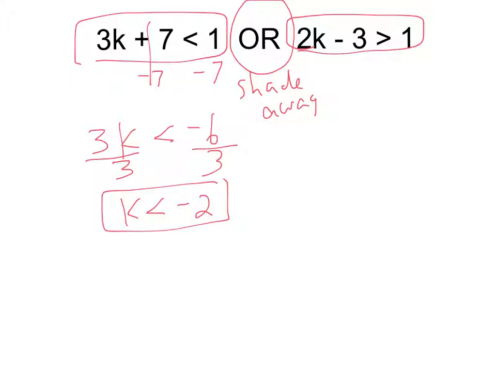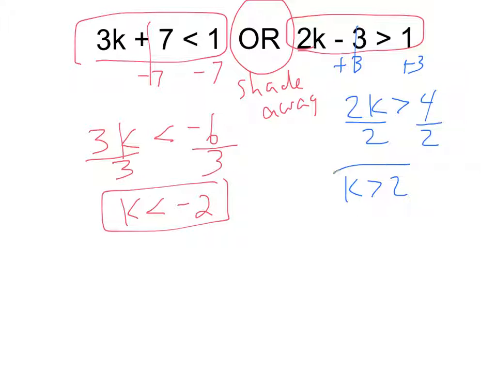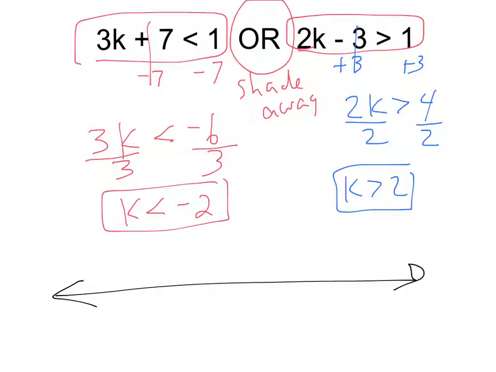There's one answer. The second answer, you're going to add 3 to both sides. 2k is greater than 4. Divide by 2. K is greater than 2. Once you come up with your answers, graph them. 0's in the middle. Negative 2 is over to the left. It's an open circle because it's less than. Positive 2 is over to the right.